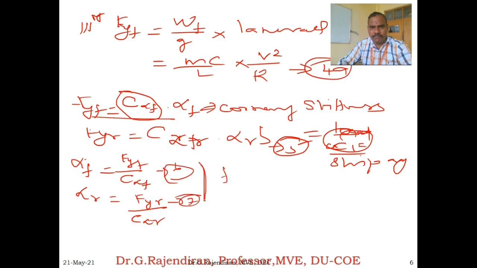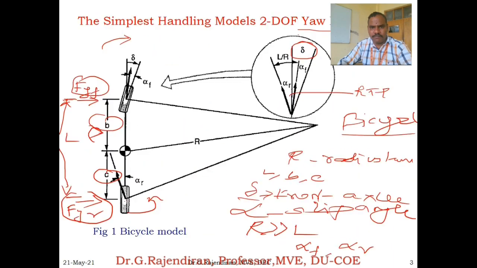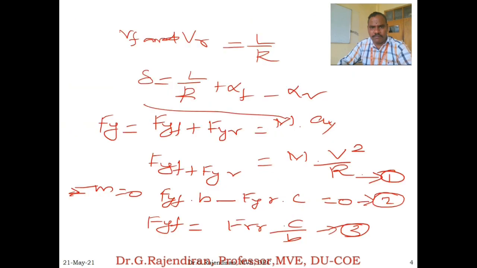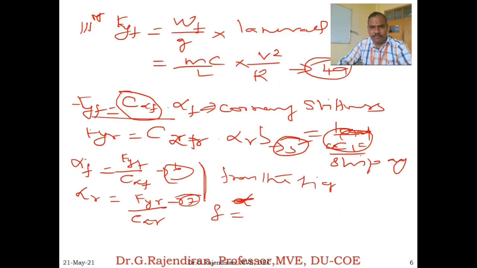From the figure we already derived the first one. What we discussed: delta is equal to L by R plus alpha F minus alpha R.